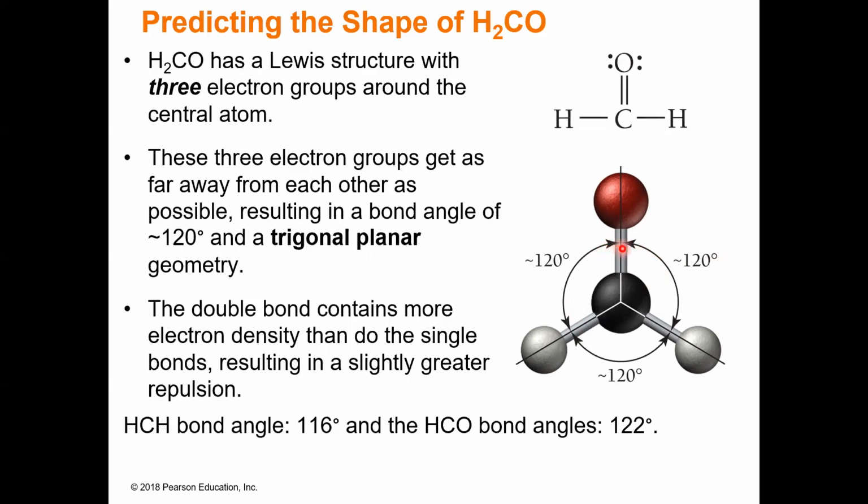So the bond angle between oxygen, carbon, and hydrogen is actually going to be a little bit larger than 120. Specifically in this molecule it is found to be 122. In this case, we would have the same bond angle on the other side. And so the bond angle between our single bonds will therefore be 116, because at the end, this is still a planar structure along one plane because it's a trigonal planar structure. And all of these different bond angles have to sum up and equal 360 degrees.